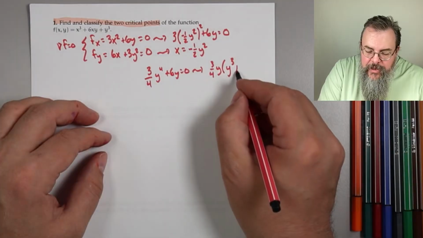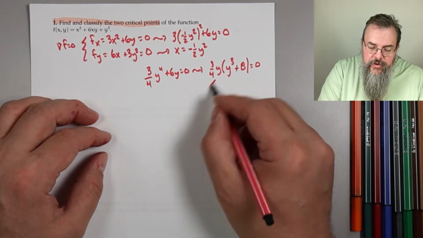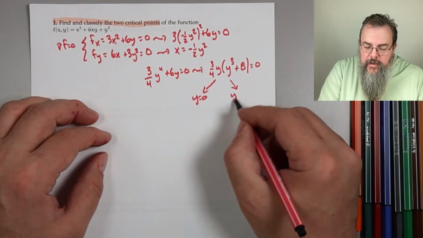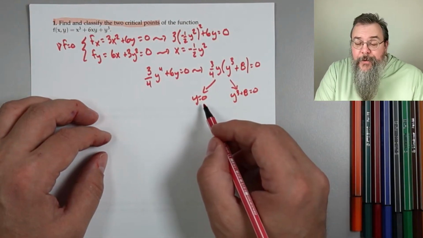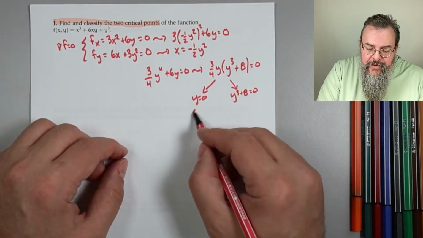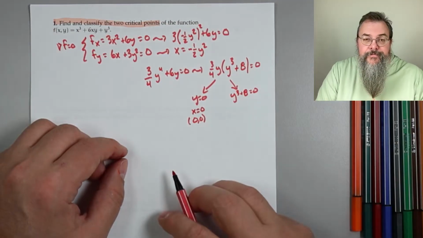So you get y cubed plus 8 equals 0. Now that leads you to two possibilities. y equals 0 or y cubed plus 8 equals 0. Now y equals 0, easy to solve for y, 0. x is minus 1/2 y squared, so x equals 0, and that gives us a point, (0, 0).